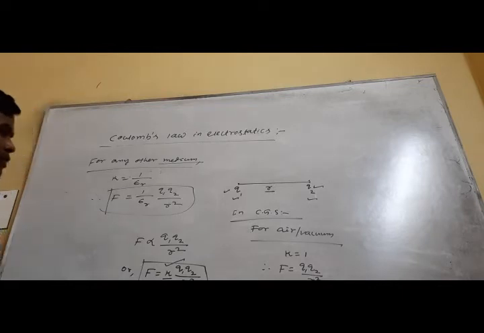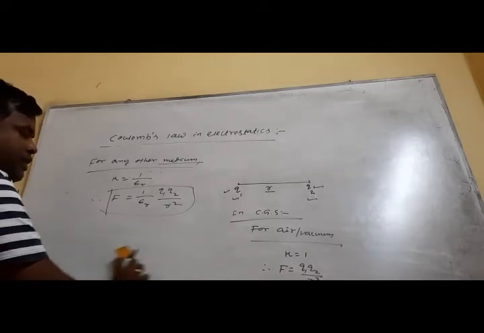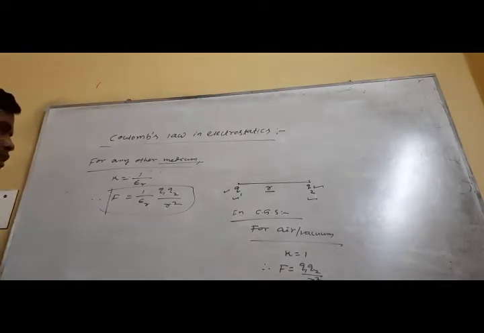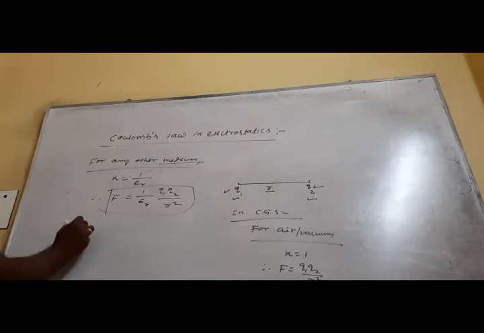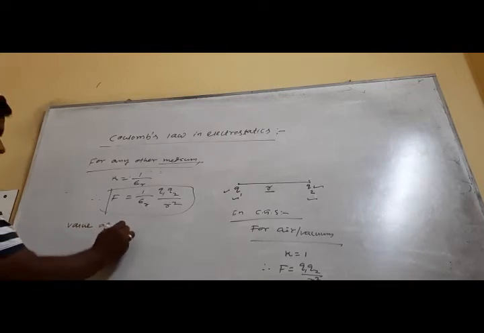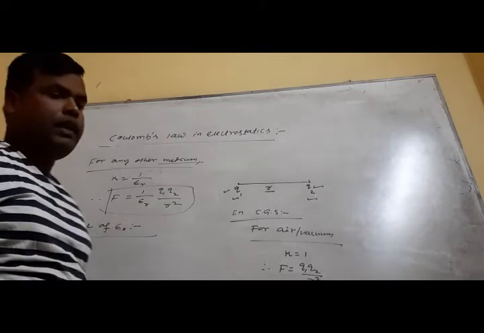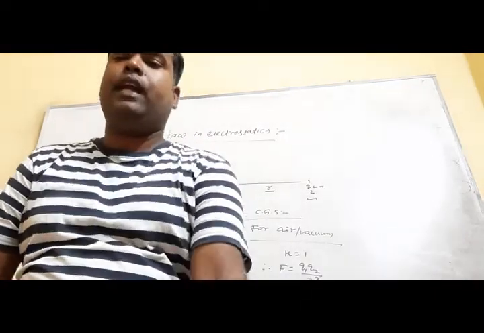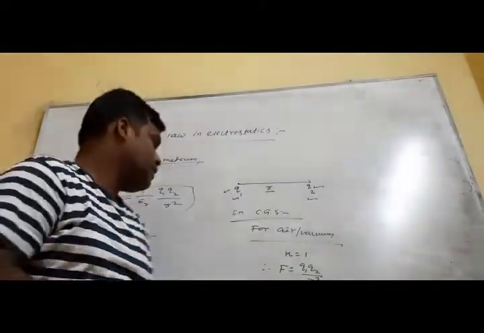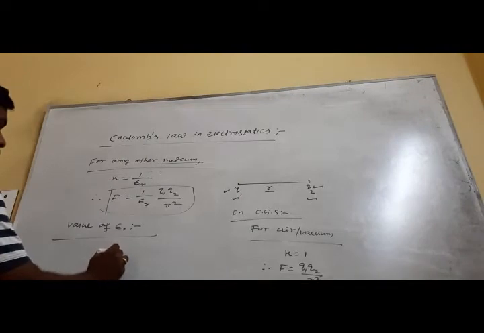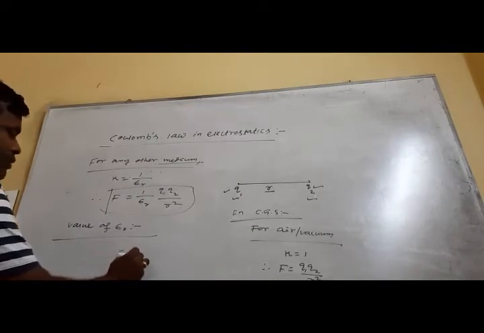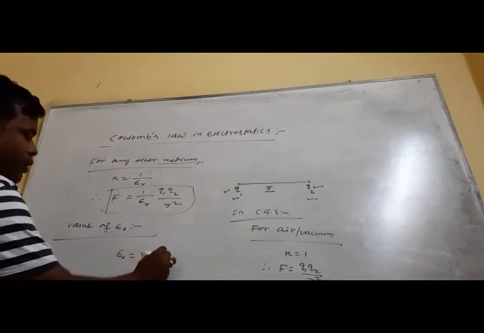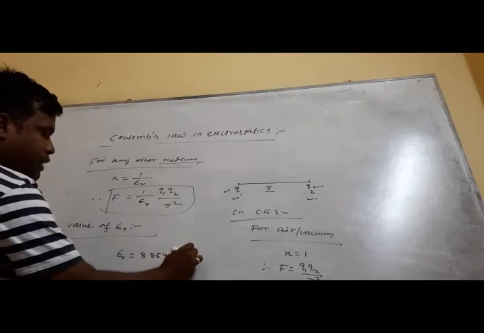So now, what is the value of epsilon 0? Epsilon 0 is the absolute permittivity of air or vacuum or free space. You remember the epsilon 0 value is 8.854 into 10 to the power minus 12.